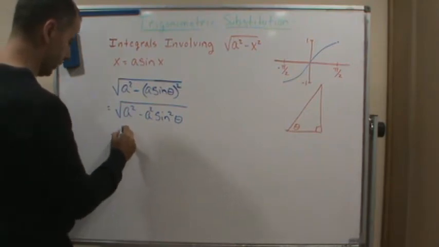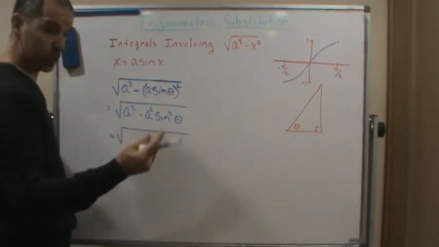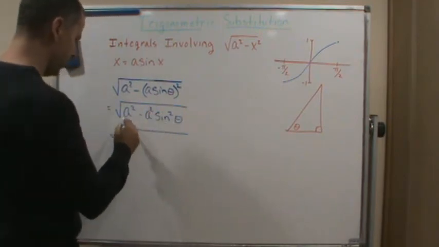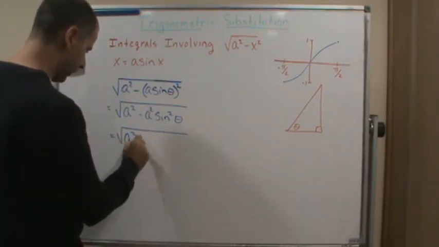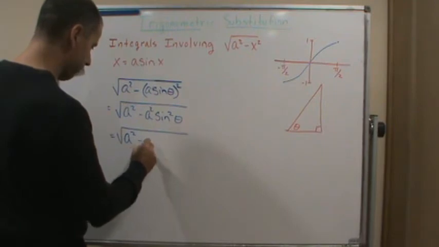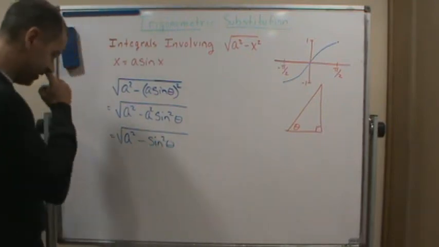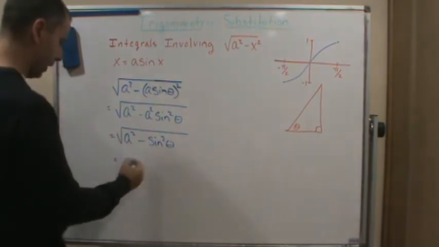I'm just going through the same process I went through in the last video. Now I'm going to factor out the a squared, leaving 1 minus sine squared theta.